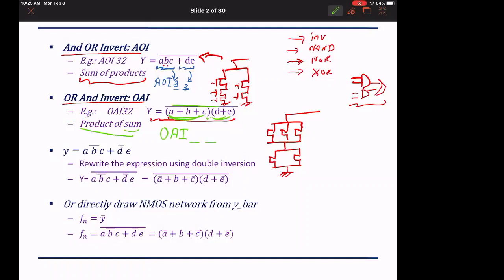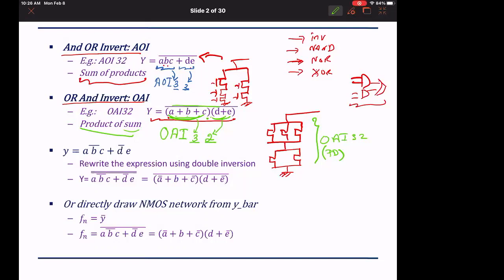The first sum consists of 3 inputs, so this is a 3. The second sum consists of 2 inputs, so this is 2. So in my library, I will call such a structure OAI32, and this is really based on the original term, and this is how the pull down network is going to look like. Is this clear?